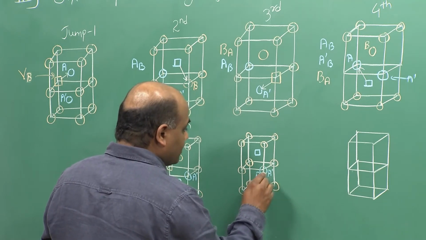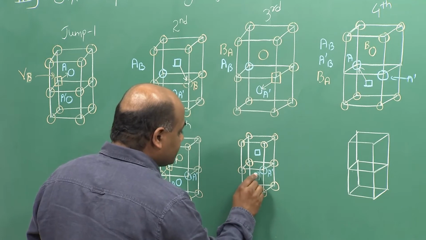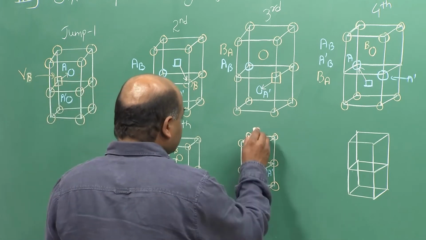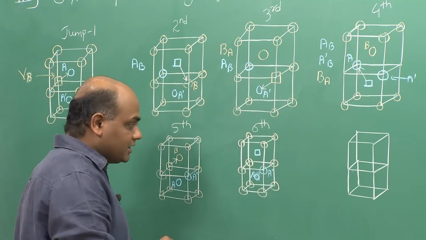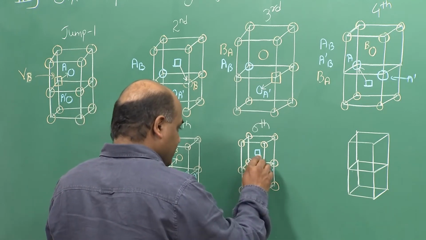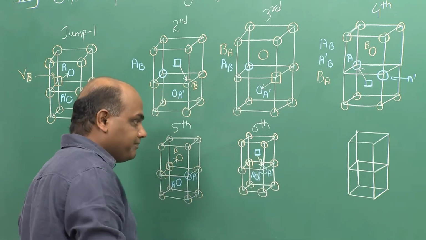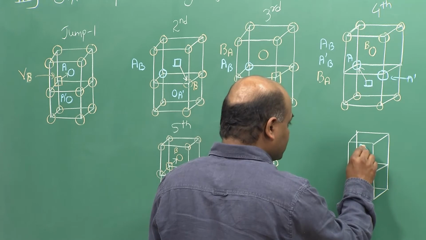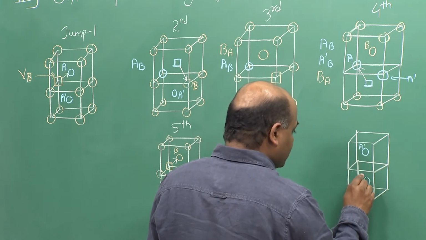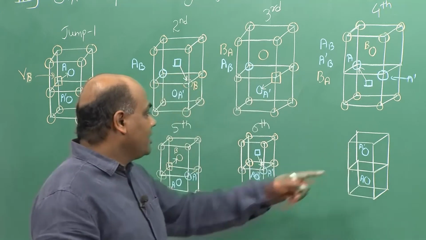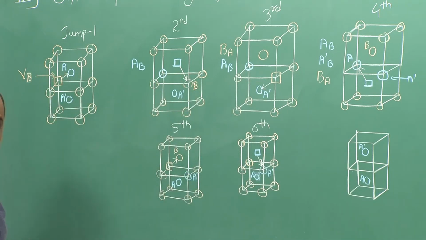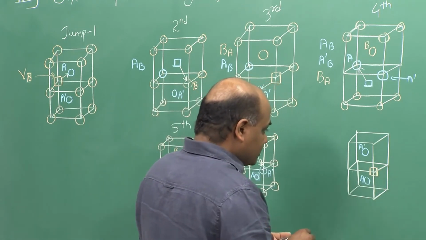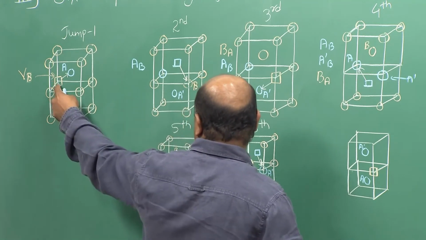But there is still one anti-site left, that is A prime on B. So, the last jump of the vacancy will be with this anti-site A prime on B. So, A prime has also restored its sublattice now, but you can see after 6 jumps A and A prime have swapped their positions. The vacancy has also swapped its position with B along the 110 position.